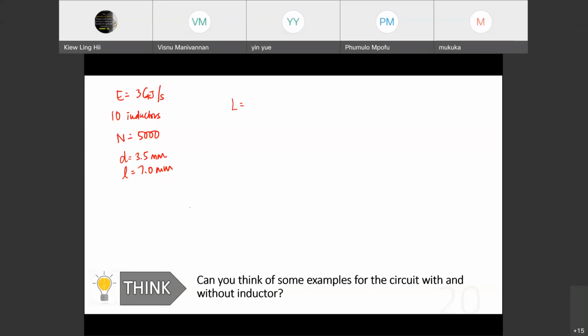Inductance equals mu naught n squared times area divided by length. Number of turns is 5,000.